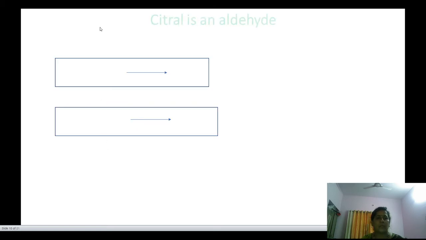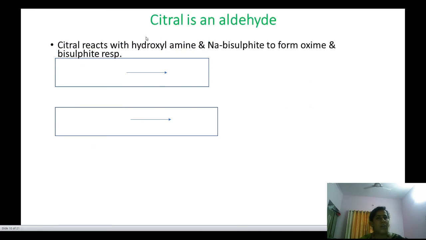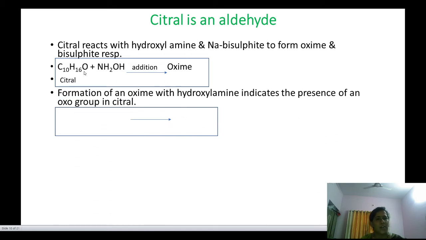Okay. Now the next point is whether citral is an aldehyde or not. For this test, citral, when it reacts with hydroxylamine and sodium bisulfite, forms an oxime and a bisulfite addition product respectively. See here, citral on reaction with hydroxylamine, formation of an oxime.